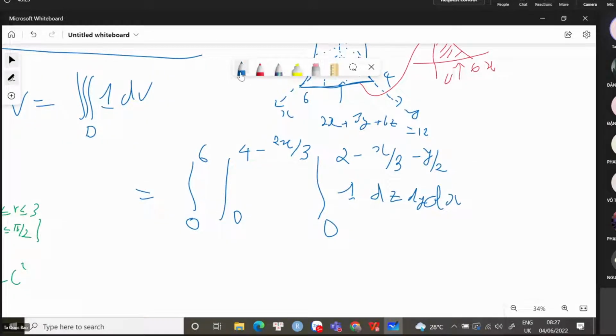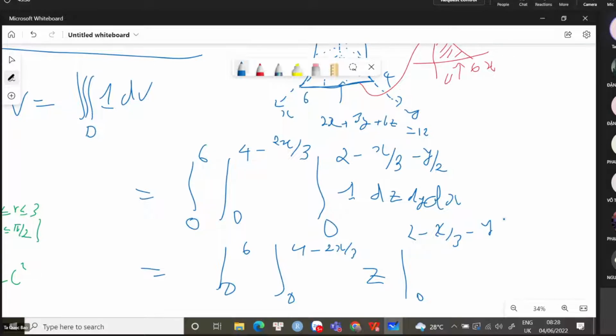Okay, so from here you obtain this integration from 0 to 6, 0 to 4 minus 2x over 3. Now the integral of 1 dz becomes z, taking the value from 0 to 2 minus x over 3 minus y over 2, dy dx.